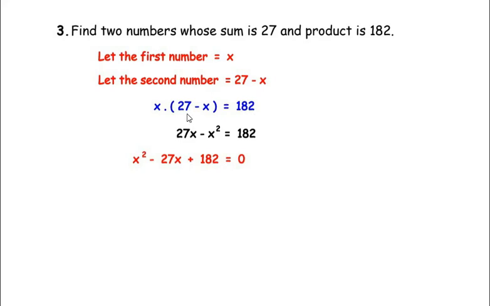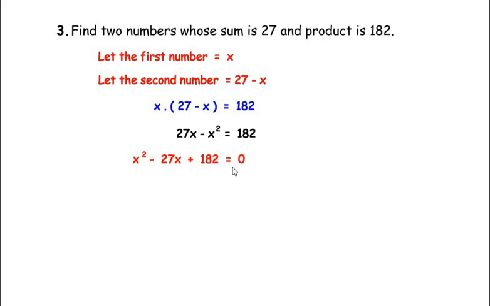So X times 27 gives us 27X and X times negative X gives us negative X square is equal to 182. Now since X square is negative here, we are going to take the left hand side terms on the right hand side. So negative X square becomes positive X square and positive 27X becomes negative 27X and 182 stays the same, equal to 0.